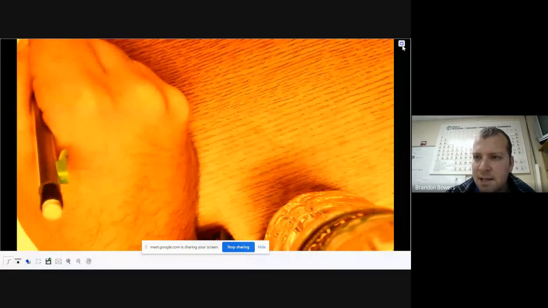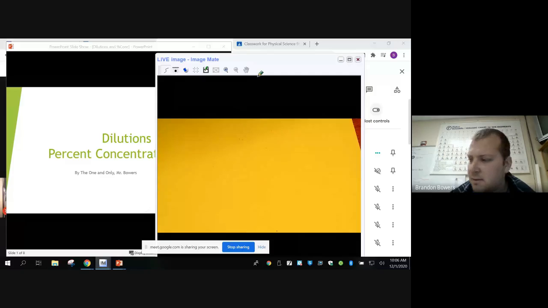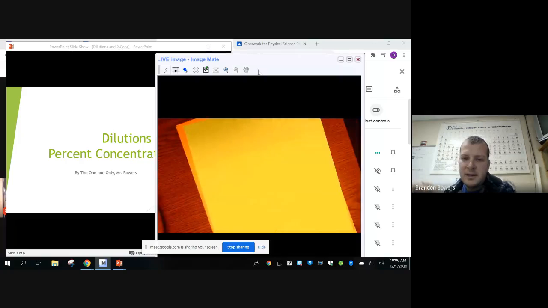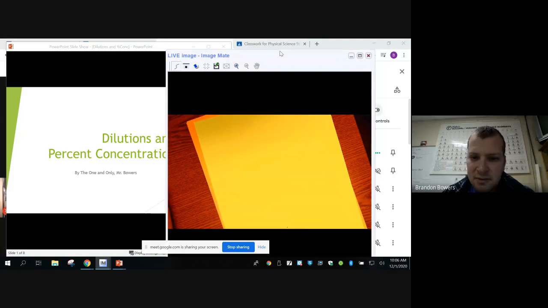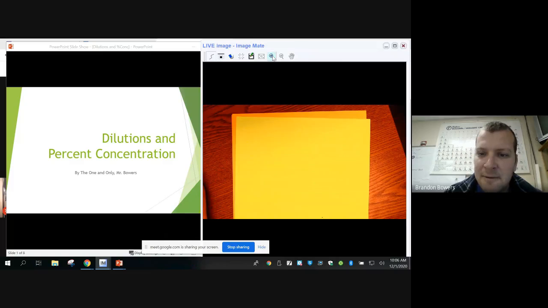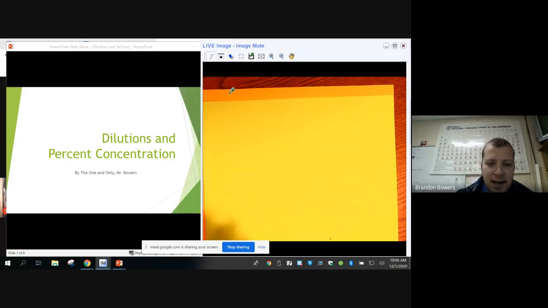I don't know why that's a brownish color. Huh. We're going to zoom out a little bit. It's an interesting color. So I'm going to have this over here so you guys can see what I'm going to write down.